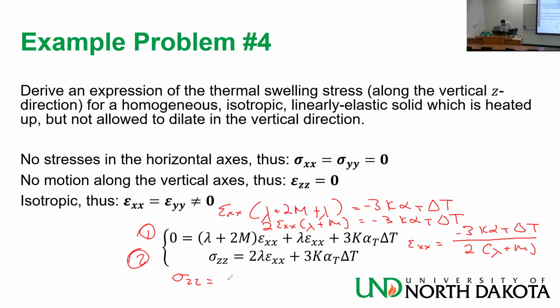But anyway, you have 2 lambda minus 3k alpha t delta t divided by 2 lambda plus m plus 3k alpha t delta t. Okay. These two cancel out.